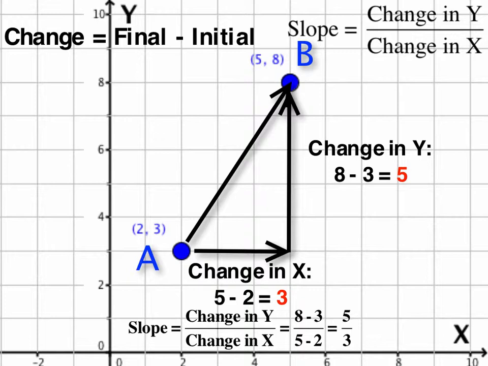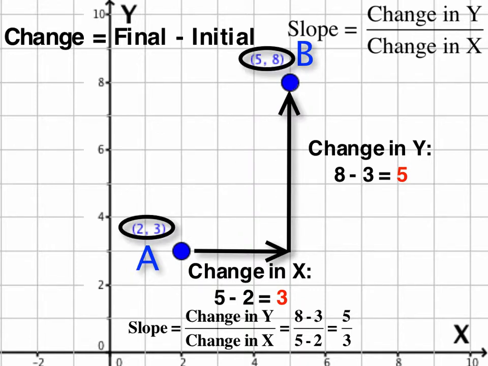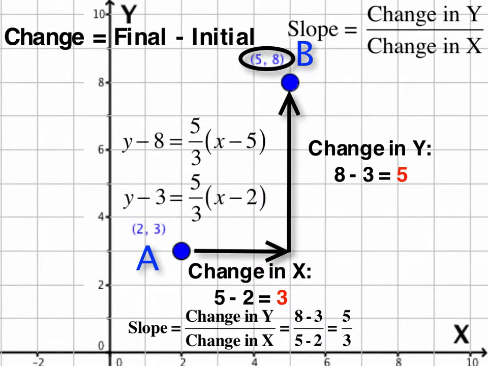Now that we have the slope, all we need to do is use that and either of the points to create our equation using the point-slope form of a linear equation. So the two options we have for the equation of our line are y minus 3 equals 5/3 times the quantity of x minus 2, or y minus 8 equals 5/3 times the quantity of x minus 5. Now note, we may be a little concerned that because we have two different equations, maybe they don't mean the same thing.